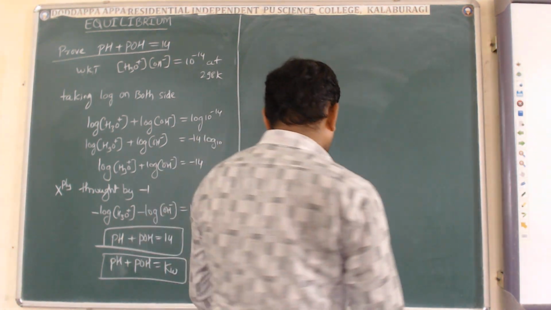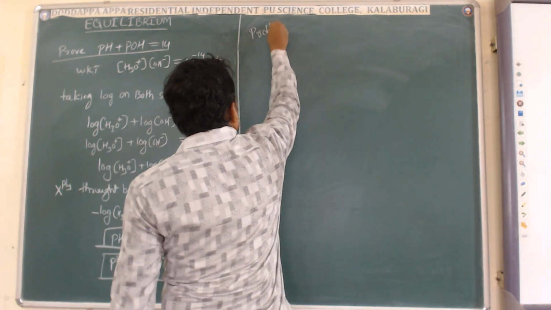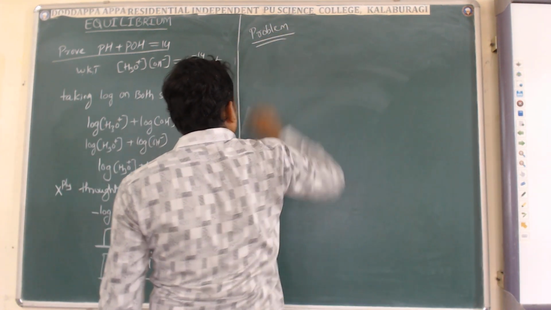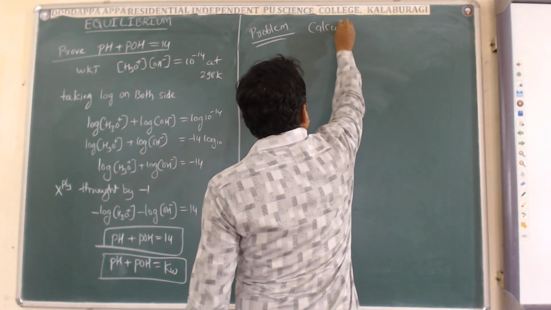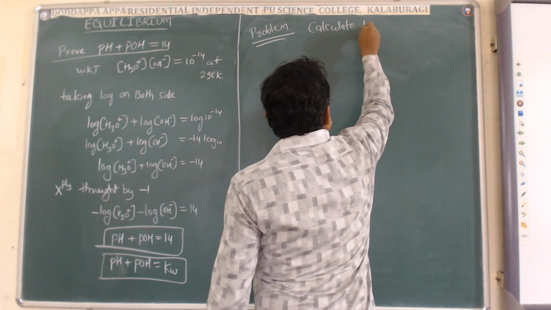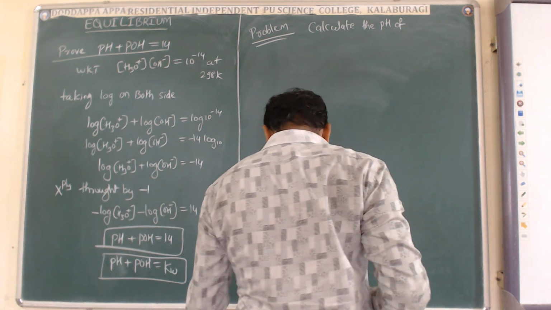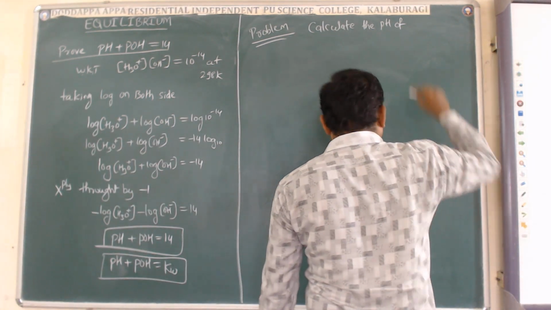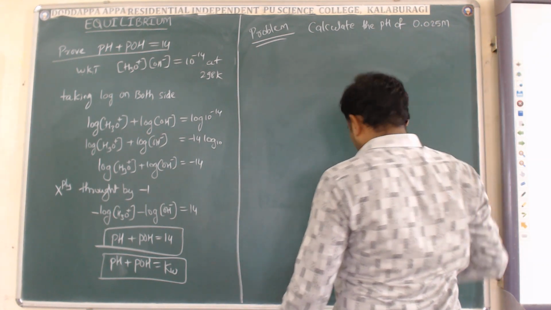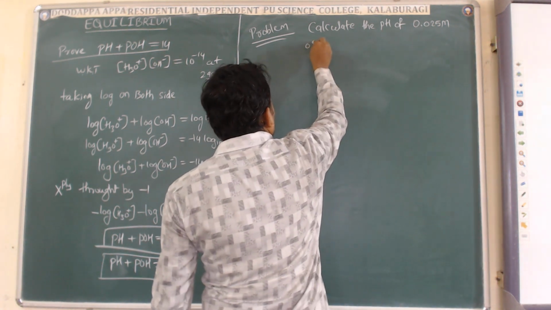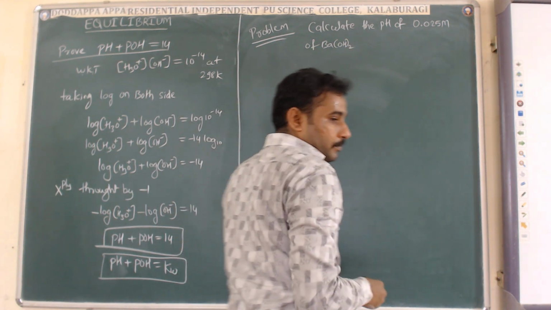Next we will take another problem here. Calculate the pH of 0.025 molarity of barium hydroxide, Ba(OH)2, barium hydroxide.